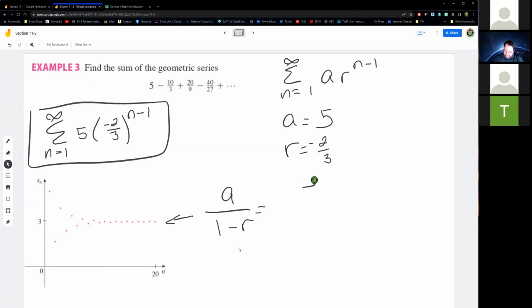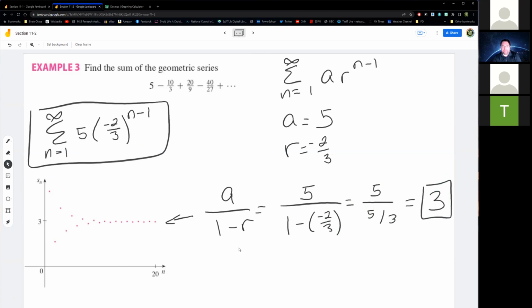So a is 5 over 1 minus negative 2 over 3. So this is 5 over 5/3, which equals 3. So it converges to 3. If I was to add all those values all the way out to infinity, I would get 3.